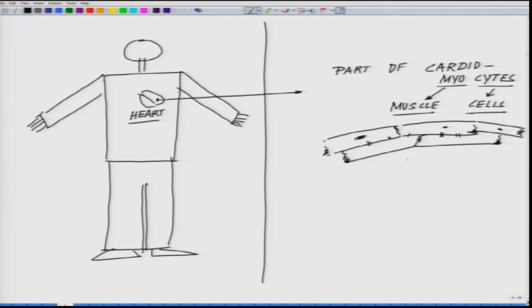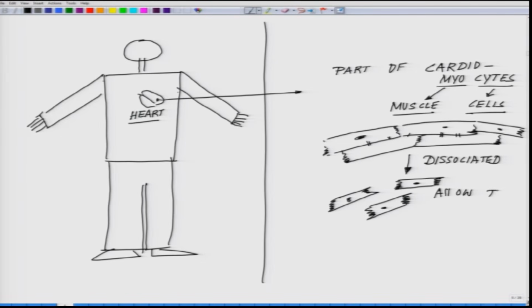Now, I take this cardiac tissue, dissociate it into cardiac myocytes, and allow them to grow in a dish. I have dissociated them, as I mentioned, and allow them to grow.